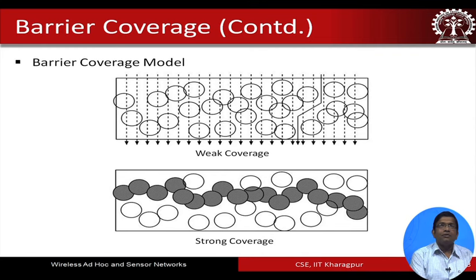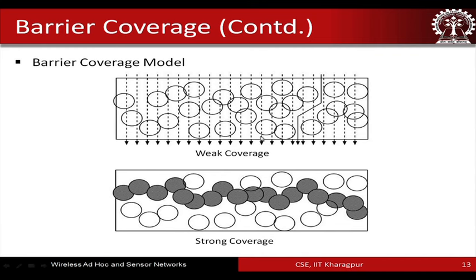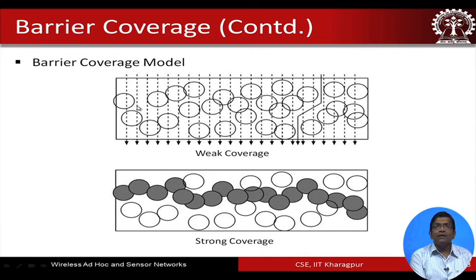So trying to understand the barrier coverage model even better. Let us say that this strip over here is the barrier. Here we see the sensor nodes are deployed in such a way that there is weaker coverage, because somebody who tries to cross this barrier could take a trajectory like this and be able to cross this barrier without getting detected by even a single sensor node, right.